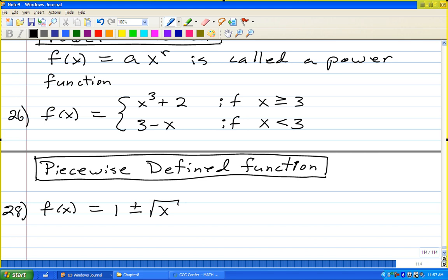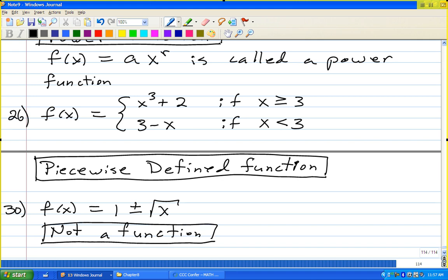So therefore, this is not a function. Oh, I'm sorry, this was problem 30, by the way. Therefore, this is not a function, because if I input x, I don't have a unique output.